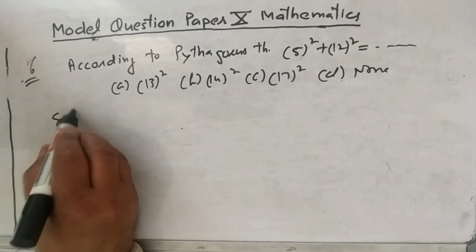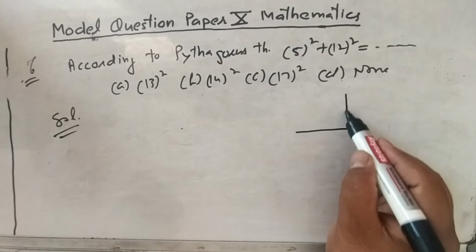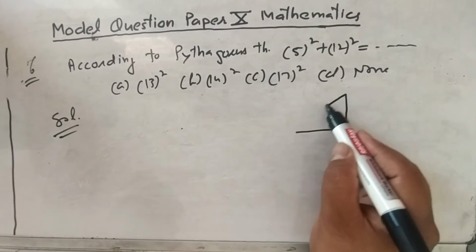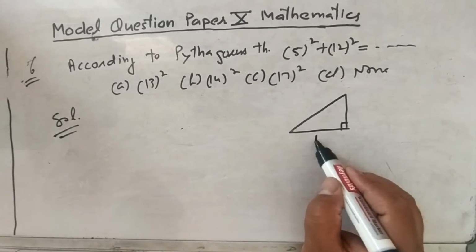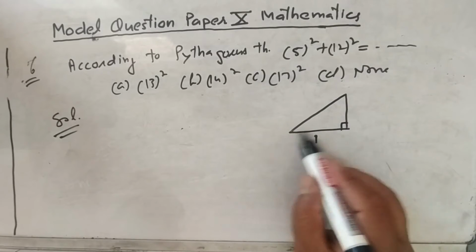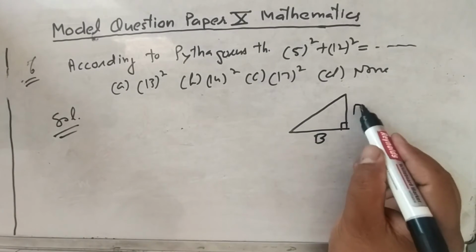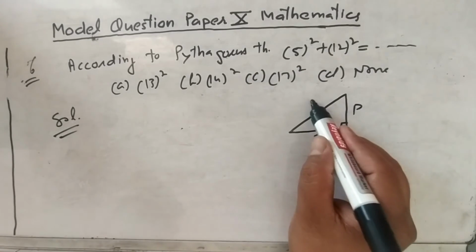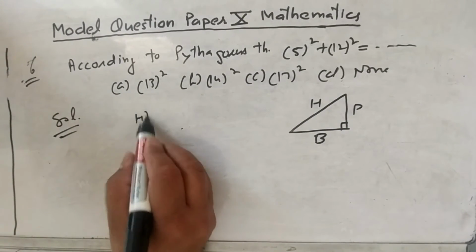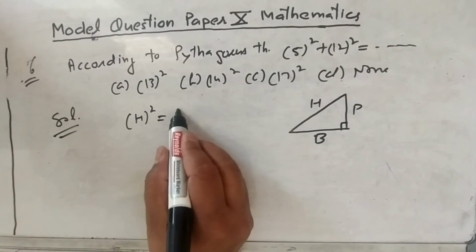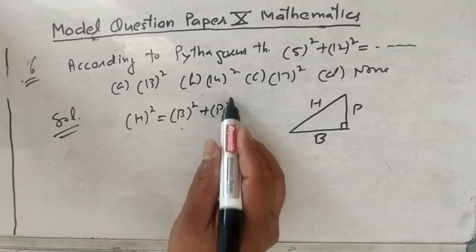Let us start with this question. See, in a Pythagoras theorem, you have a right angle triangle. You can take any side as a base, any side as perpendicular. Angle is not given here, so this is hypotenuse. So Pythagoras theorem is nothing but hypotenuse square equals base square plus perpendicular square.